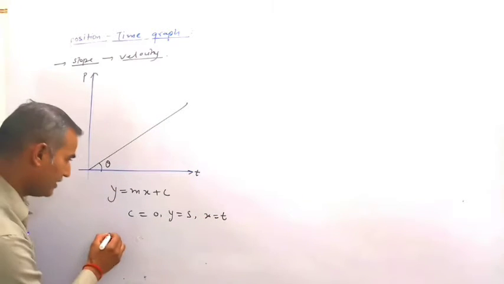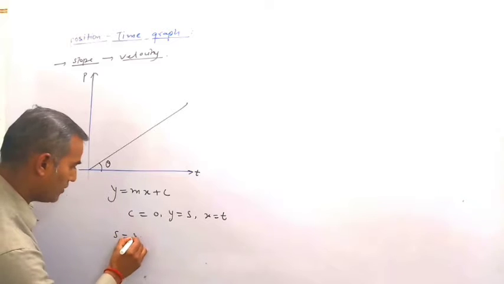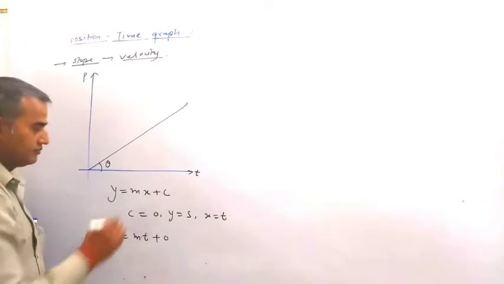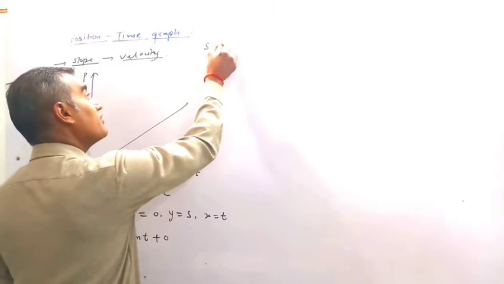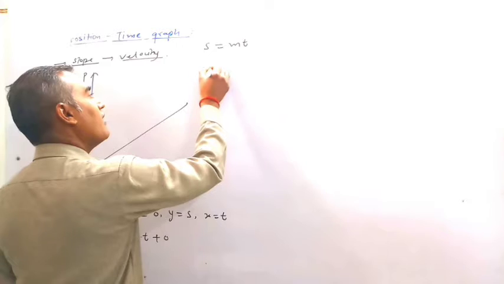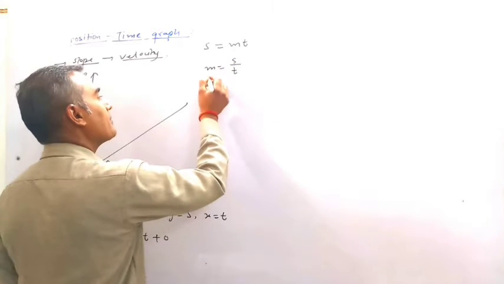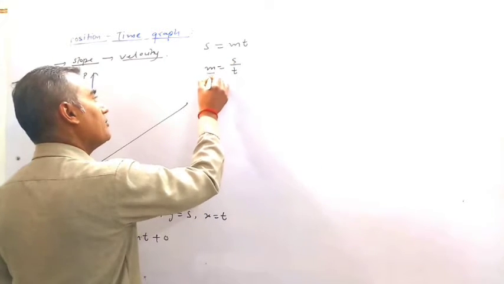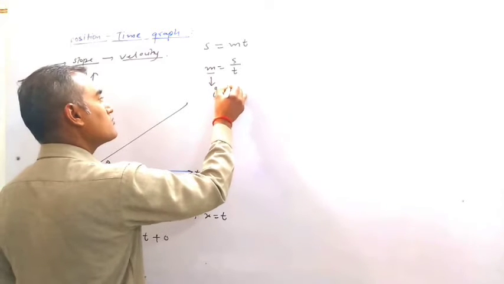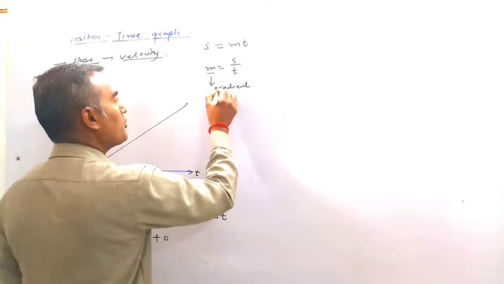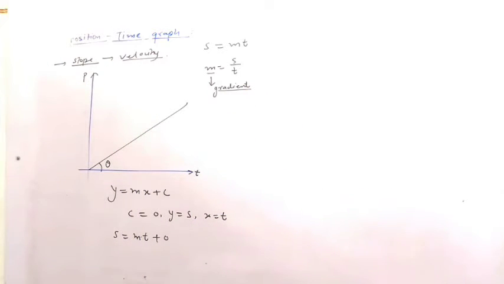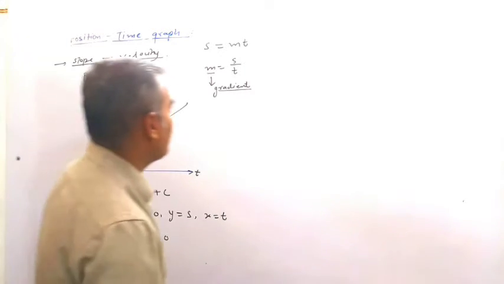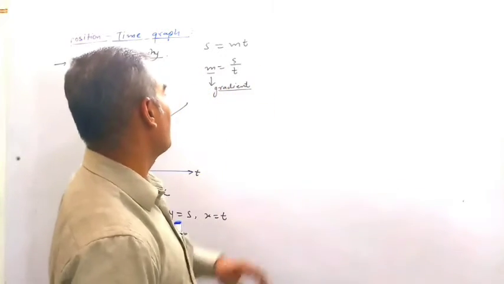And if you represent here s equal to mt plus 0, then you get s equal to mt, m equal to s by t. So m shows a gradient. m equal to s by t, gradient.